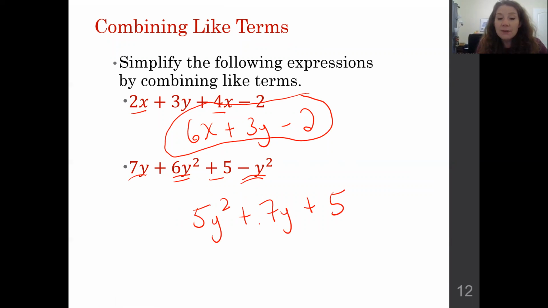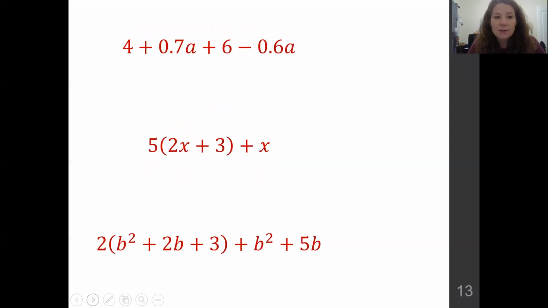Now, if you wrote the 7y first and then 5y squared plus 5, that's totally fine. You don't have to have these in a particular order, okay? We're going to talk about writing them in standard form eventually, but right now that's totally fine. It doesn't matter as long as your coefficients are right and the sign in front of the coefficient. So in this case, these are all positive terms.